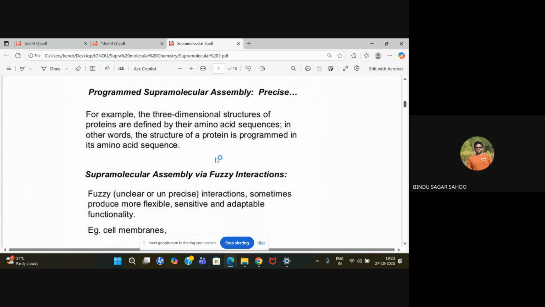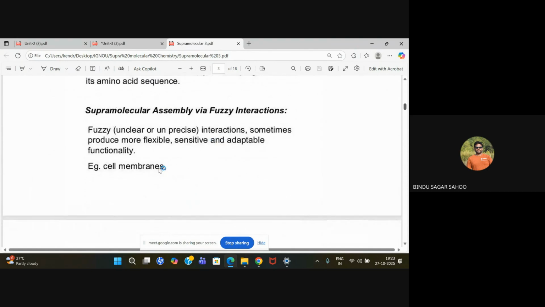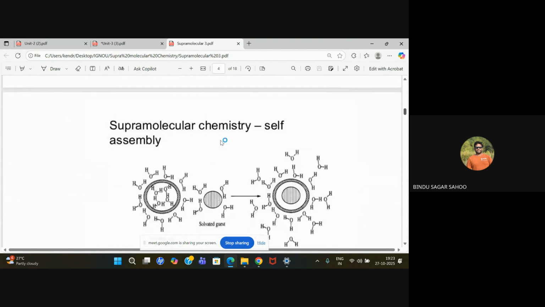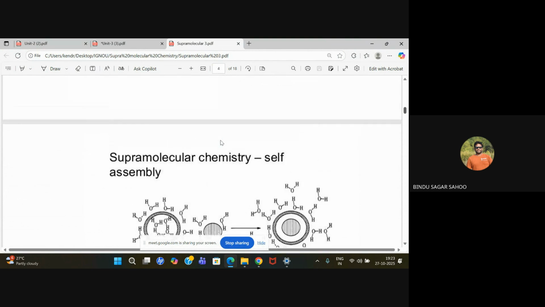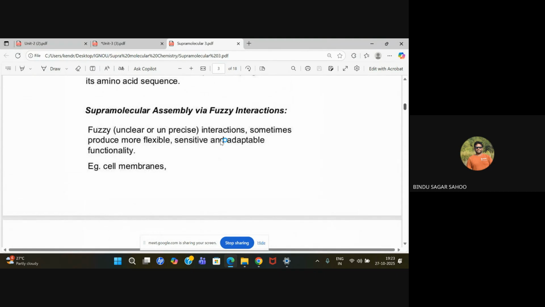Okay. So another is supramolecular assembly or fuzzy interactions. The fuzzy interactions are sometimes unclear interactions. Sometimes they are more flexible, sensitive, with adaptable functionality, just like cell membranes. So if I say cell membranes, particularly a potential membrane, they will act differently.